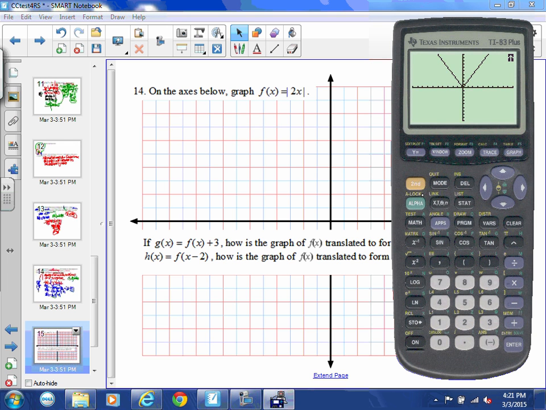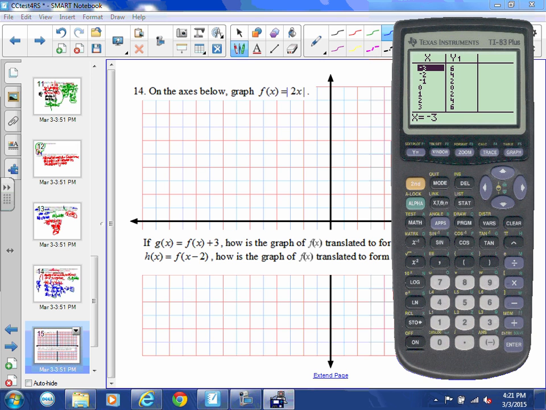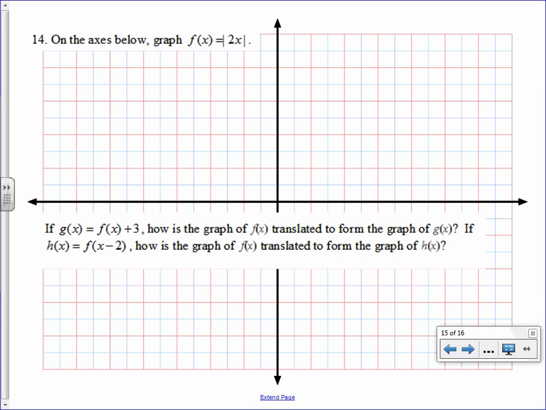I go to my table to plot my point. It's a V, so I want my mirror image. Where's my mirror image? There's my mirror image. From -3 to 3, and then 6, 6. -4, 2, 0, 2, 4, 6, -3, 2, 4, 6, -2, 4.